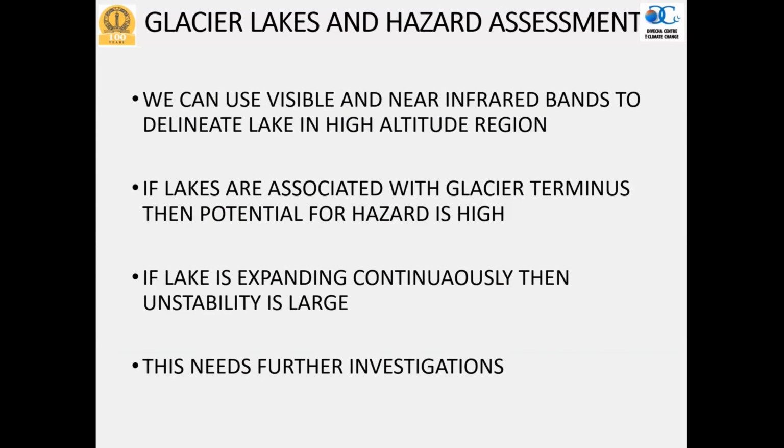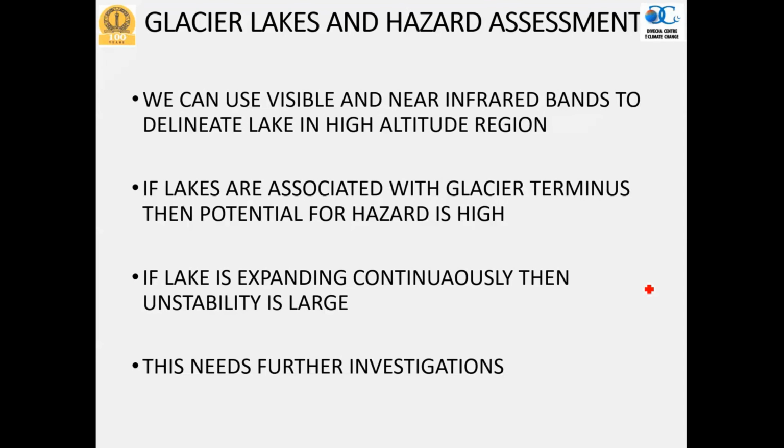So how do we do that? By using satellite images, we know that it is possible for us to delineate lakes in high altitude regions. However, it is not necessary that all lakes can be a potential source of flash flood.